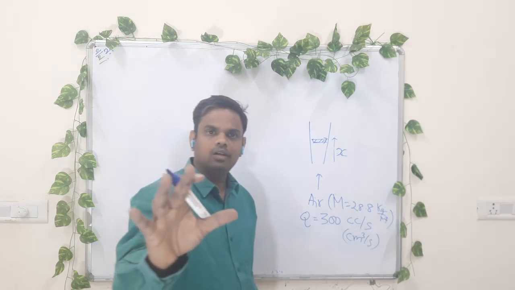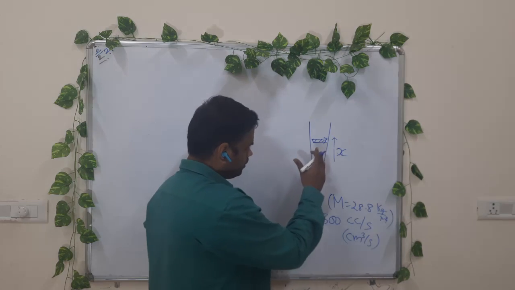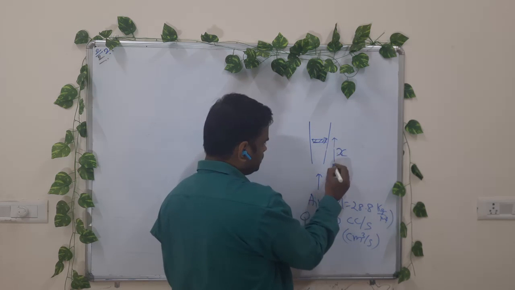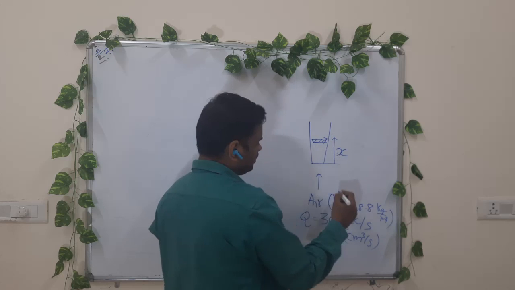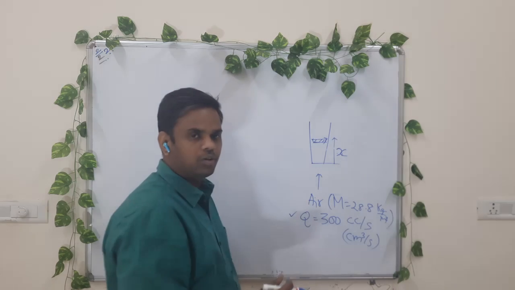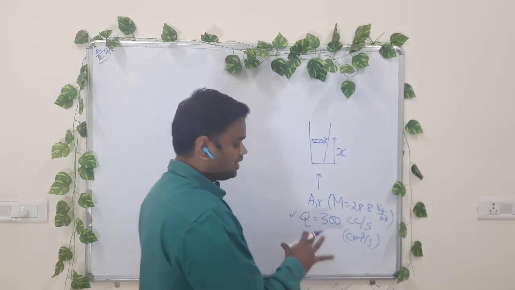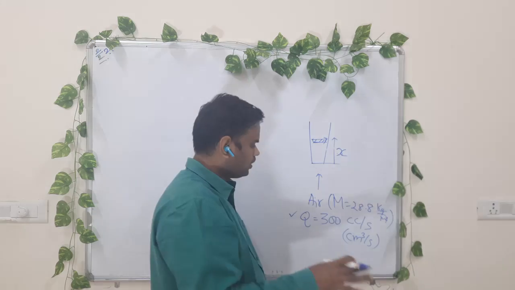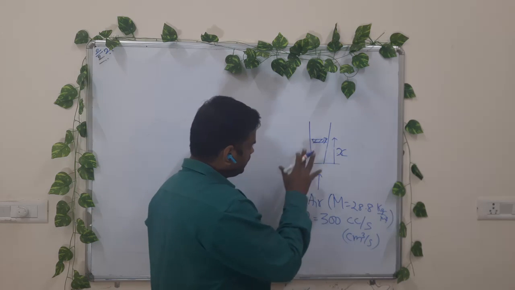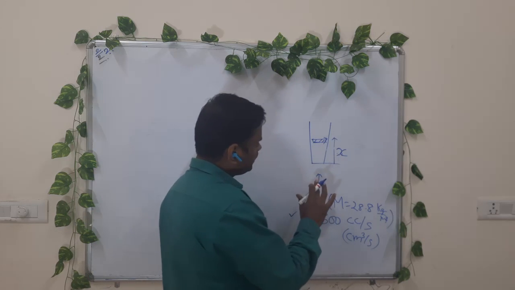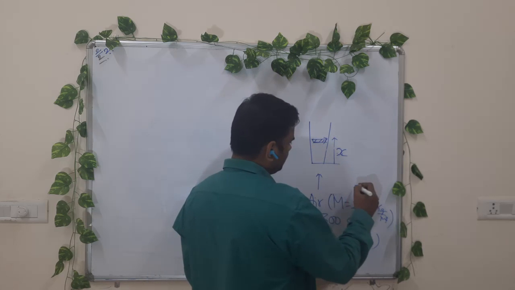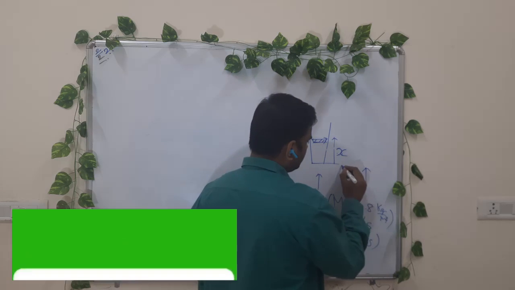So we have a rotometer in which air is flowing with the position of the float being at some distance x from the bottom, and the volumetric flow rate is 300 centimeter cube per second. It can be any value; you can even do it for 100 centimeter cube per second. That's not the point here. The point is that the same rotometer is now used to pass another fluid, let me say helium.